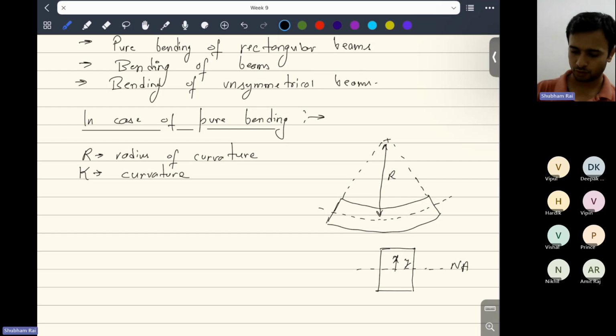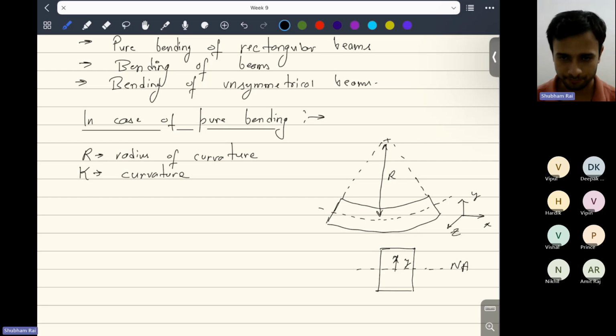So the coordinate system that we are following is along the axis of the beam, we have x-axis, right? And perpendicular to x-axis in the same plane, we have y-axis, which is along the thickness of the beam. And along the width of the beam, we have z-axis. So this will be the convention that we will be following.